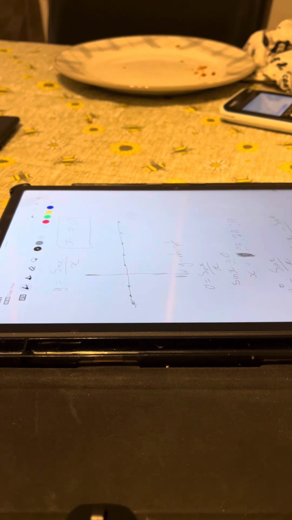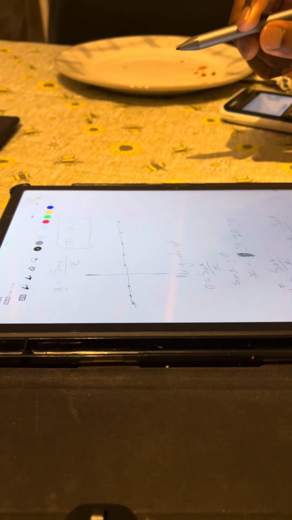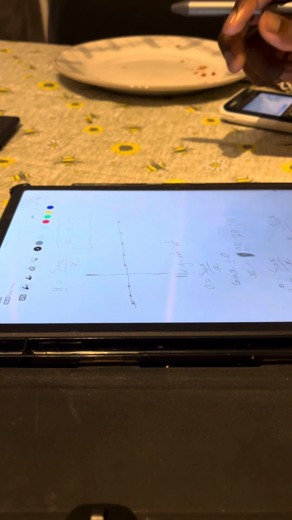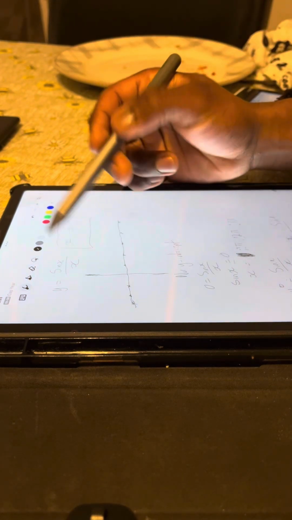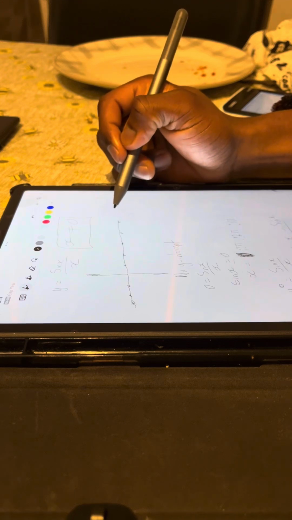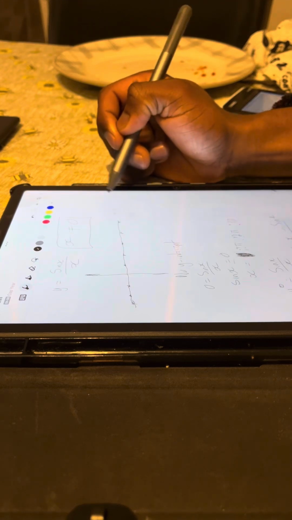Okay, you know what? We can try thinking about what happens as x gets bigger and bigger. So I know for the top function, it's going to oscillate between -1 and 1.